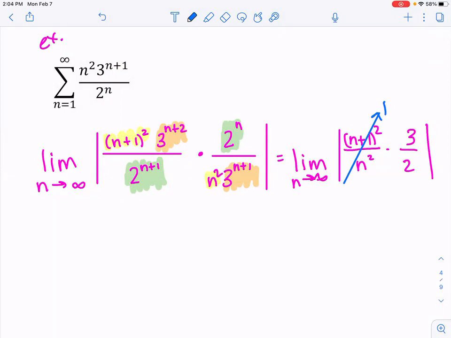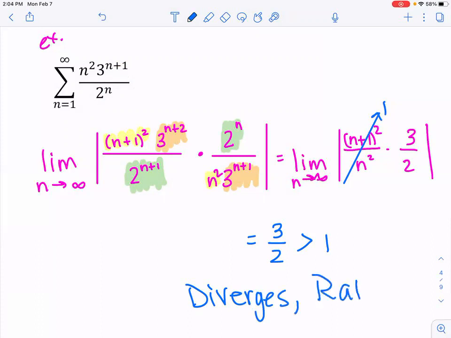We have degrees that are the same towards infinity. We look at the coefficients. So 1. And what's 1 times 3/2? Which is greater than 1. So this diverges by the ratio test.